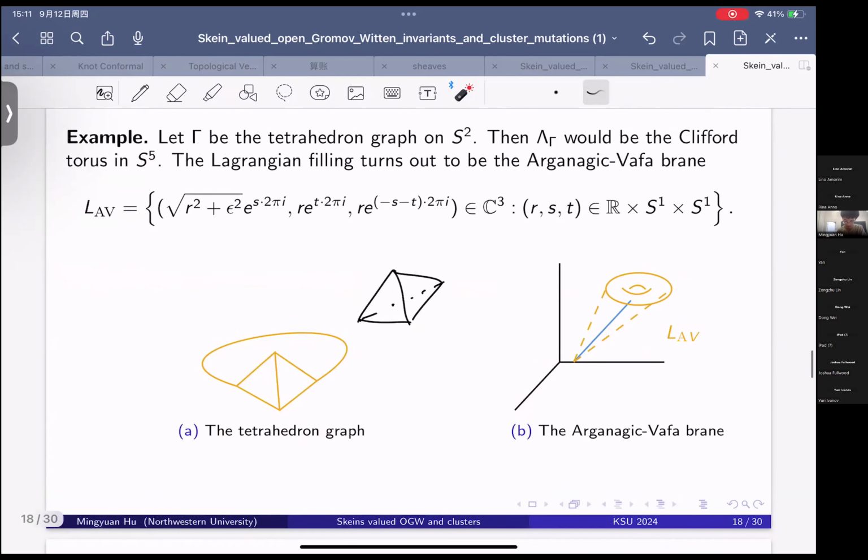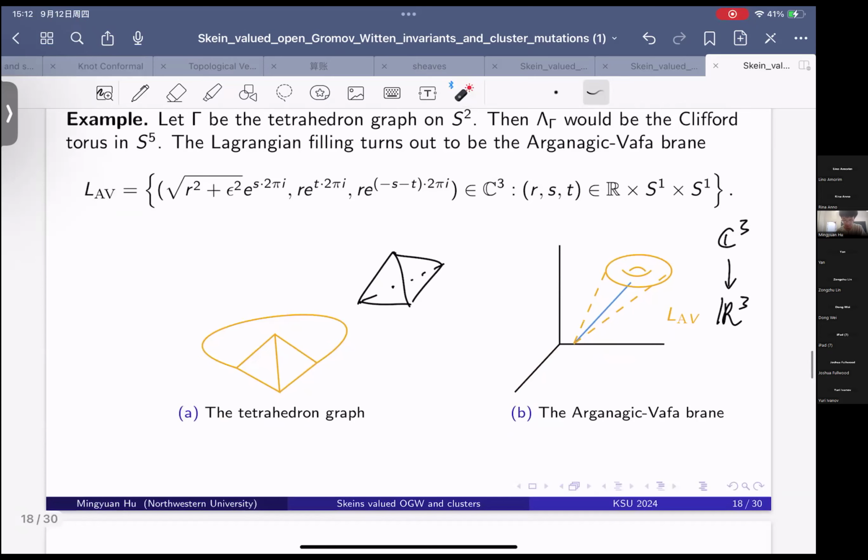Another way to think about this is that C3 is a toric manifold, so we have a moment map, and this is the image under the moment map. The Aganagic-Vafa brane will live over this ray. So let's say we have C3, this is the moment map to R3, and this Aganagic-Vafa brane will live over here.